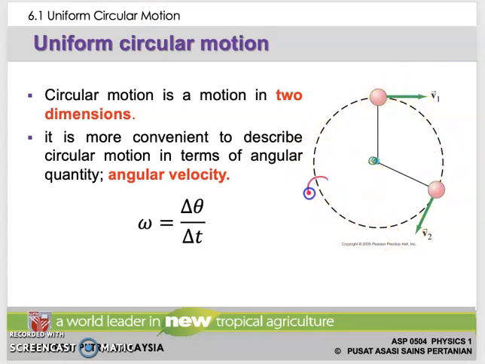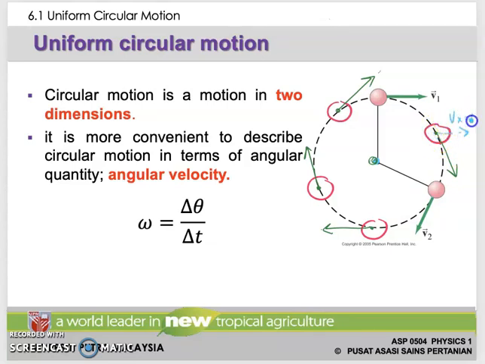Each time it moves in this circular path, the direction of velocity keeps on changing. So, if someone were to ask me, what is the direction of velocity at this point, Dr. Nat? I would have to resolve it.